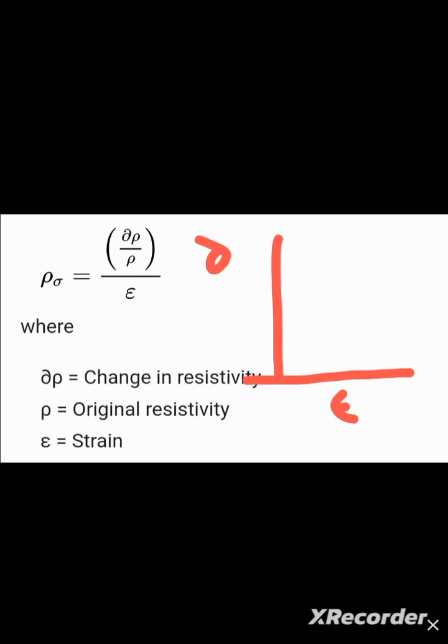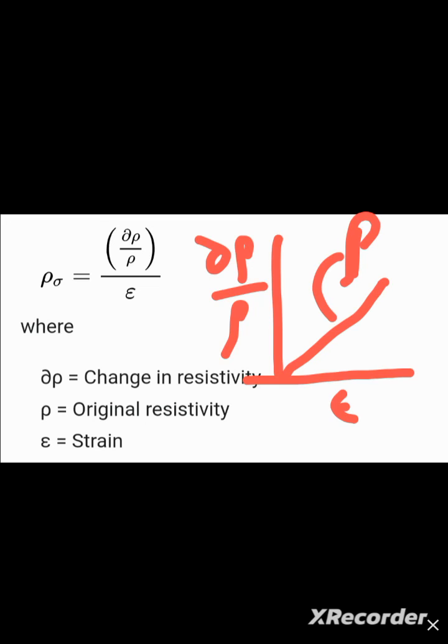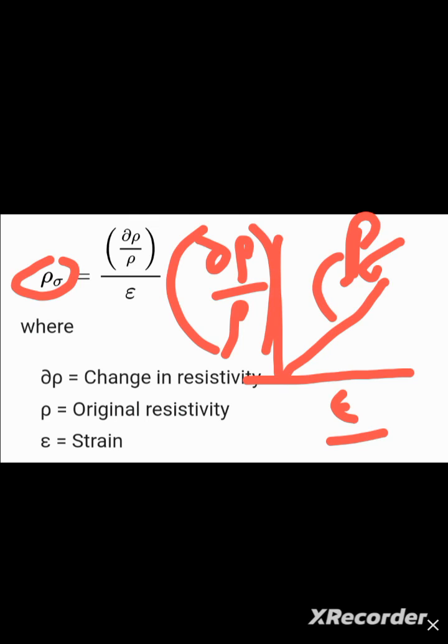Let's say del rho over rho, this relation is observed to be linear, and this is your constant. So this is constant, because the relationship between applied strain and this normalized value of the resistivity is constant.